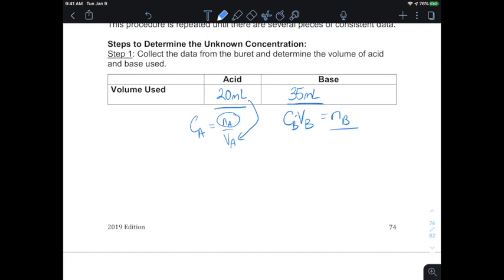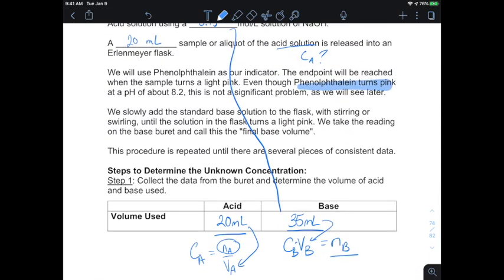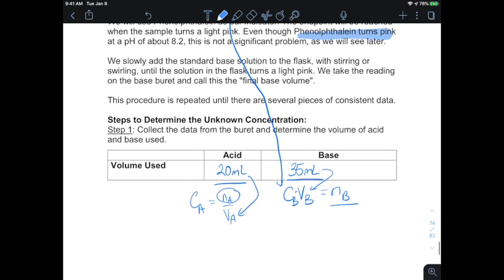Now if you are able to determine the moles of a base, since you have this value here, and way up here we have our Cb value, then you have the moles of the base, and at the equivalency point, nB should be equal to nA, right, at pH 7.